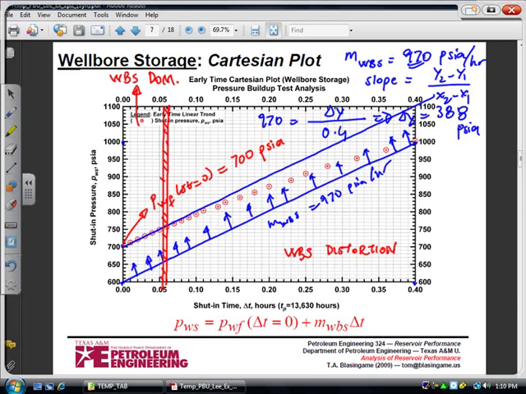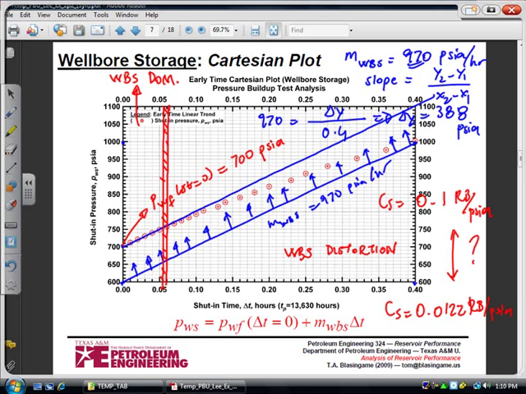Because the reason is you already found the wellbore storage coefficient value, which was 0.0122. And if you don't do the procedure I did, and find the wellbore storage coefficient like 0.1 using your own slope value, this means that your analysis is not consistent.